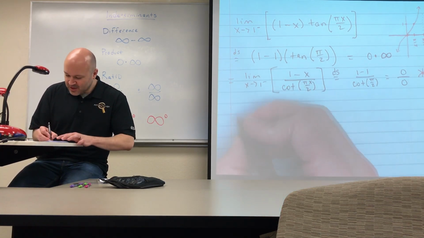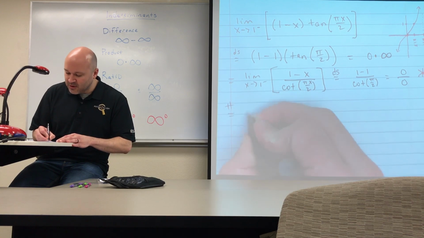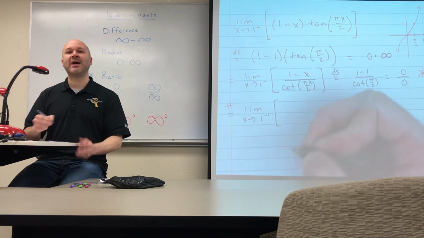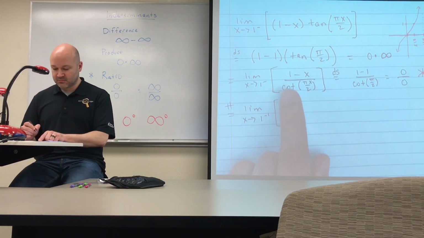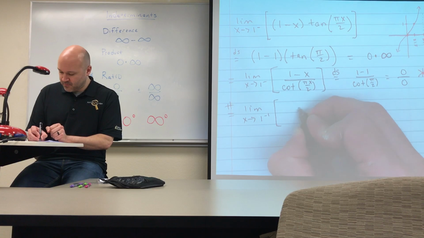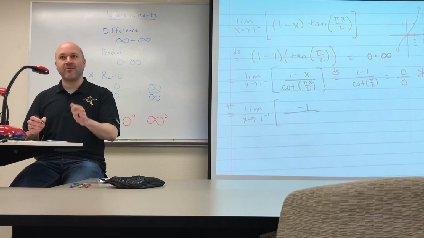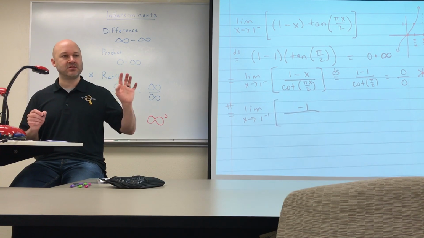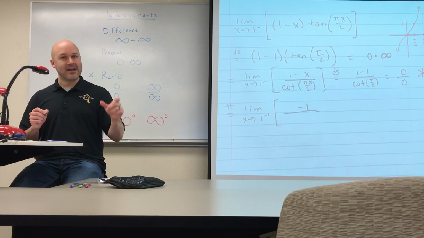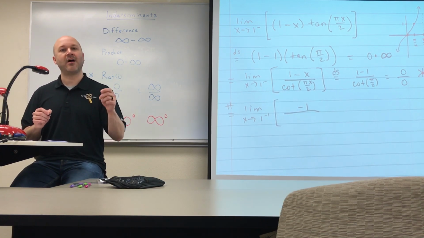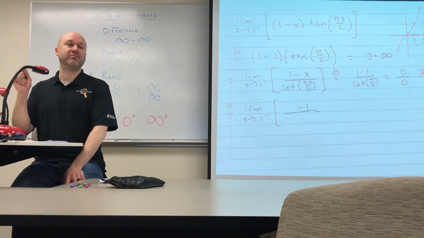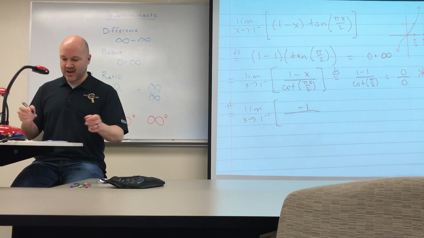L'Hopital's rule says it's equal to another limit as x approaches that same value. And you now take the derivative of the numerator, -1, separately from the derivative of the denominator. The derivative of cotangent of a function will be negative cosecant squared of that function, and then if I need to apply a chain, you take the derivative of that inside.